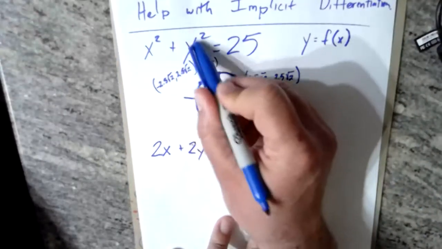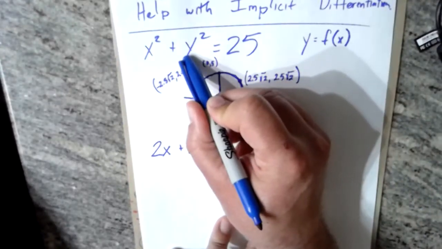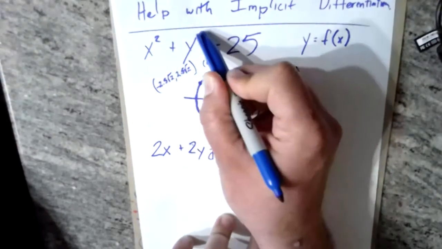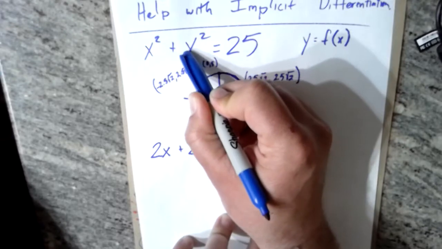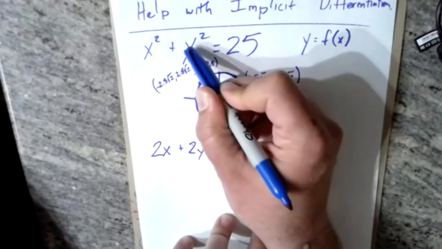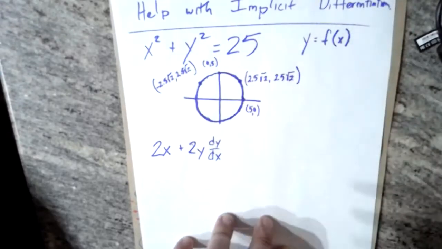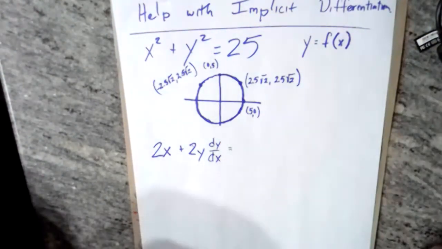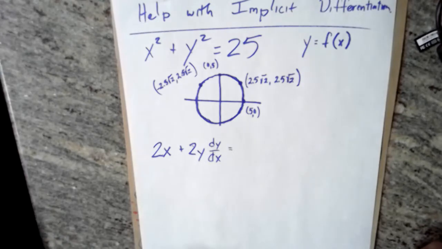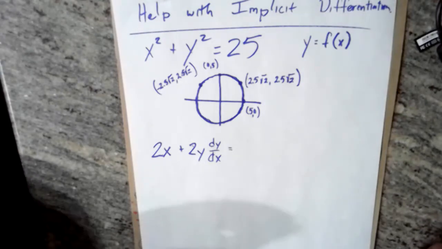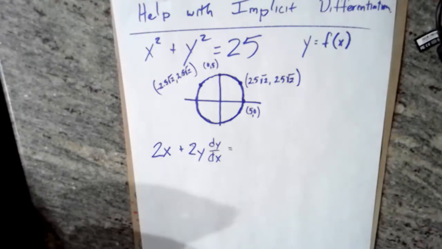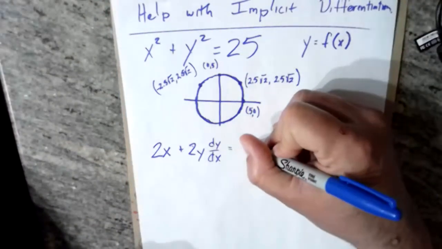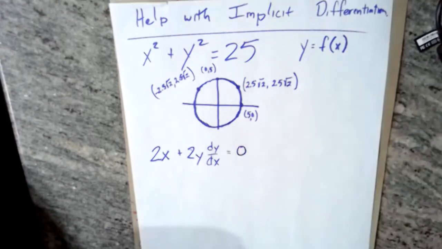So this thing itself is a function, and you have to apply the power rule. It's 2 times the function, which is y to the first power, times the derivative of the function. You're always going to multiply by a factor of dy dx any time you're differentiating a y variable with respect to x. The derivative of 25 with respect to x is 0.